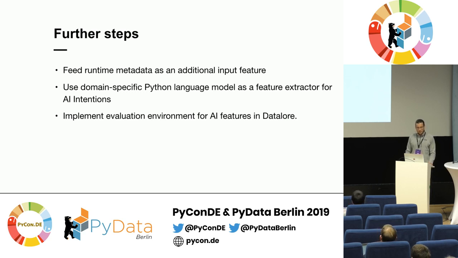We also plan to use a domain-specific Python language to create new intentions, like the first project I mentioned, and the idea was to find some patterns during the data science workflow to create new intentions for Datalore. And also we plan to implement the evaluation metric into the Datalore product to understand the real performance of our feature.